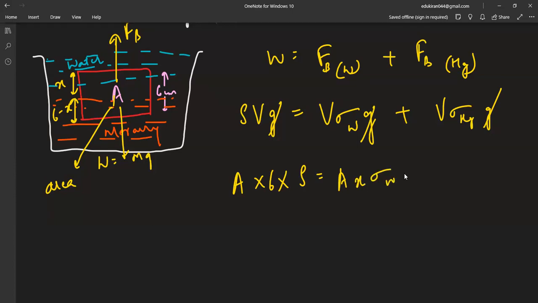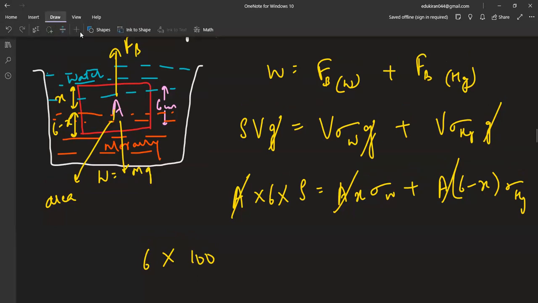Then density of water plus. Here the length is 6 minus x. So A into 6 minus x into density of mercury. Again, area will also be cancelled. Now we have the value 6 into density of the body.